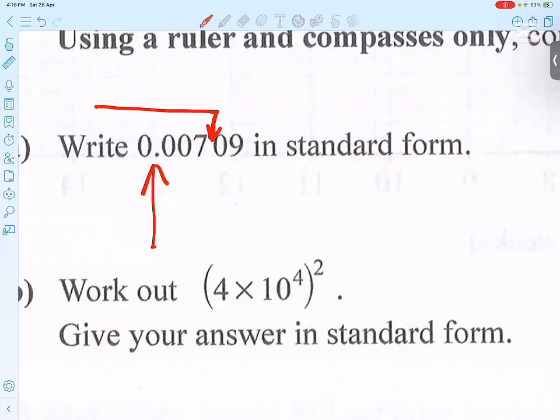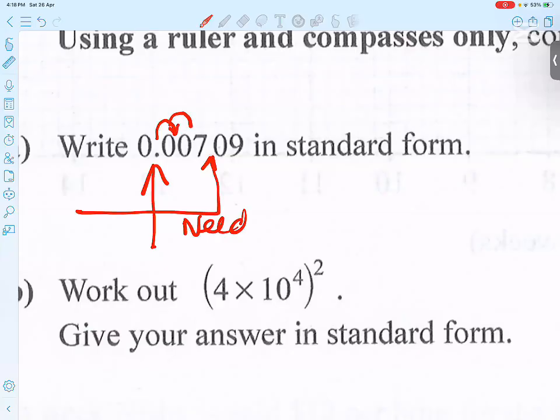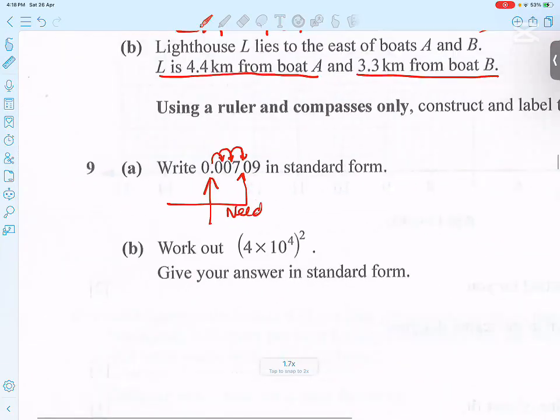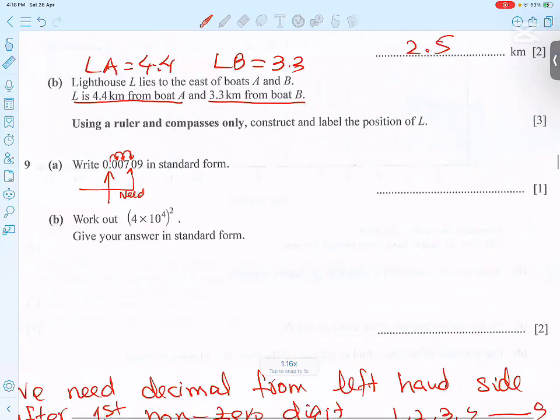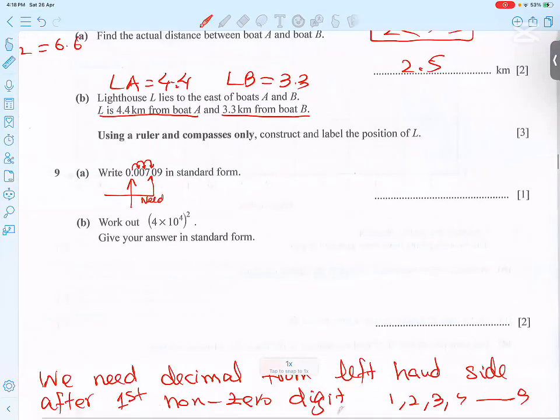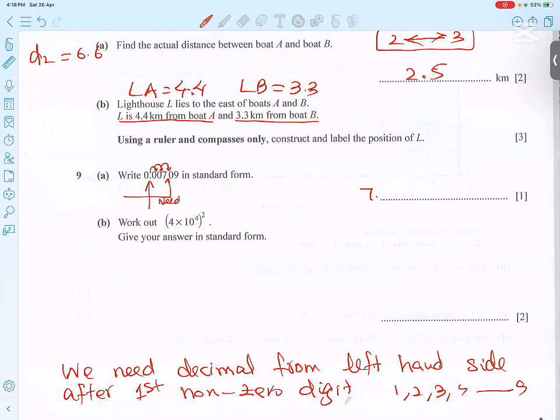I need the decimal here. How many jumps do I need now? One jump, second jump, third jump. So 3 jumps on the right hand side. And I can say I got 7.09 times 10 to the power negative 3. I believe the point is very clear.